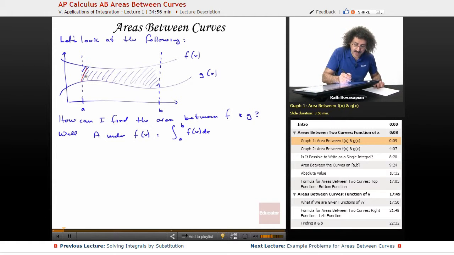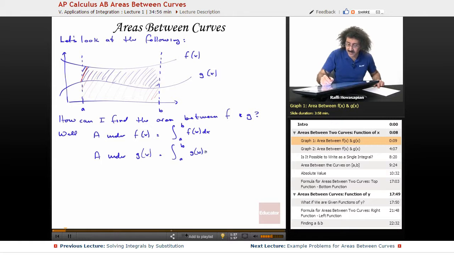That takes care of everything underneath f of x. And the area under g of x is just the integral from a to b of g of x dx. That is this region right here underneath g of x.